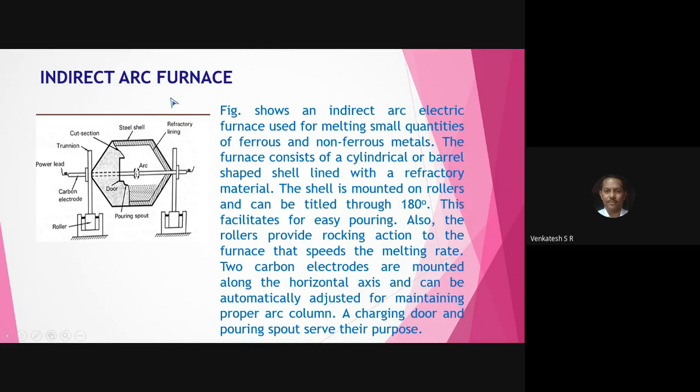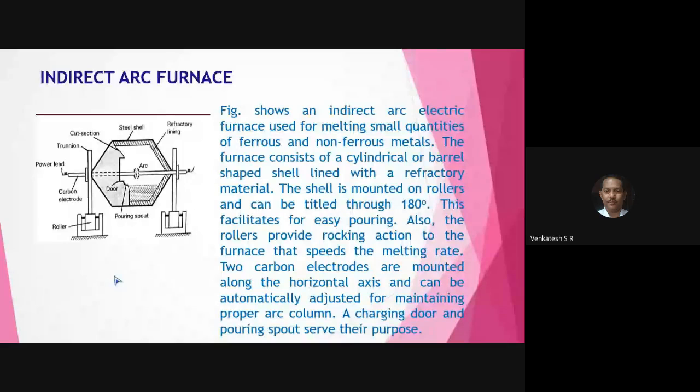Small size indirect arc furnaces are available, and large sizes are also available. So the versatile construction of the indirect arc furnace makes foundry people use it for small quantities as well as large quantities. It is very versatile, easy, and can produce clean metal.